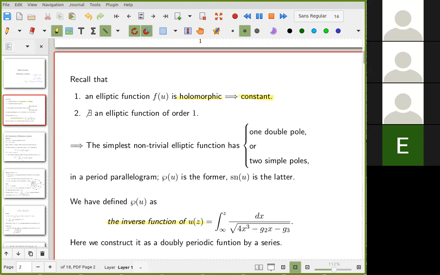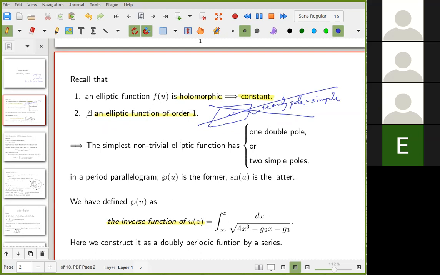And we have also proved that an elliptic function of order 1, namely an elliptic function which has only one simple pole, does not exist.